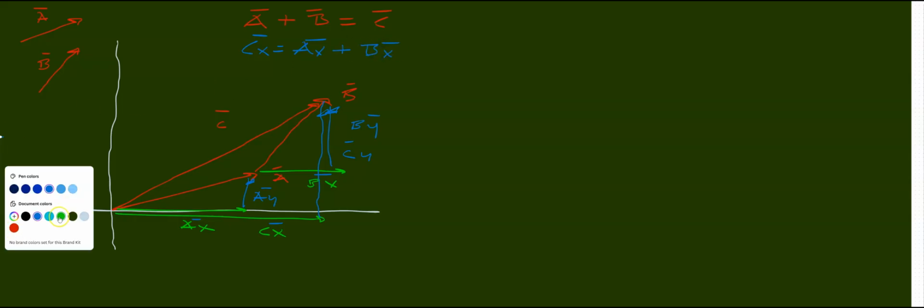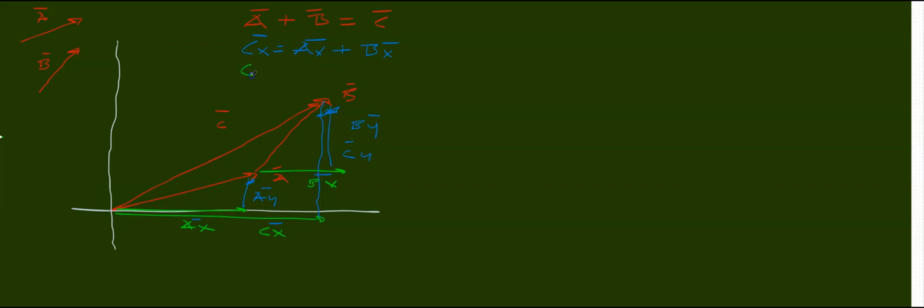Similarly, Cy will be Ay plus By. In other words, if I add Ax, which is this, plus Bx, which is here, we get Cx. And if I add this little Ay plus this big By, I get the whole Cy.